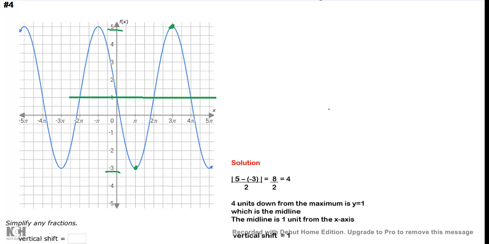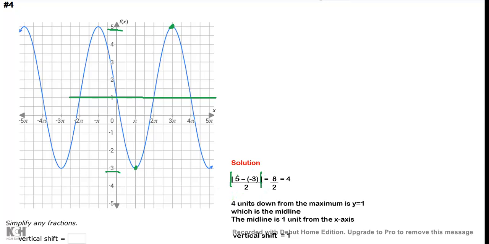Right? For this one, we also want to find the vertical shift. So what we need to do is find the midline. So this graph goes, its height is up to 5 on the y-axis. It goes all the way down to -3. Now, anytime you're dealing with distance, it's the absolute value because distance is always positive.